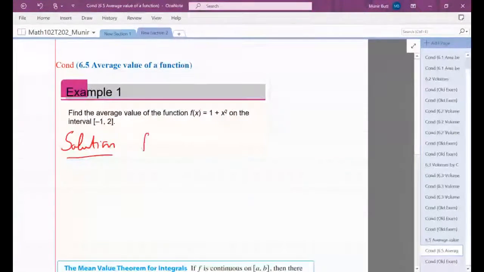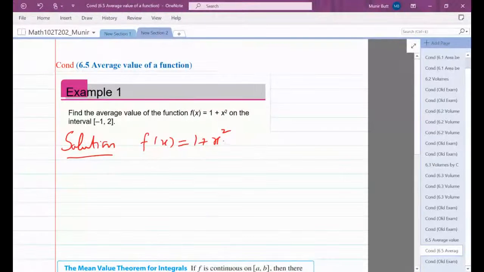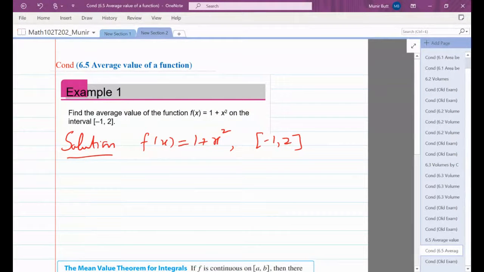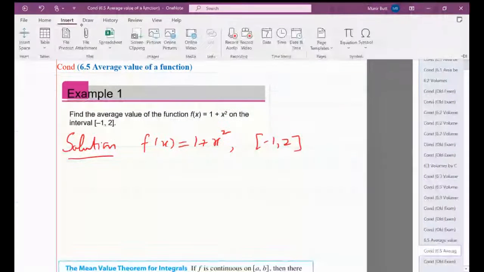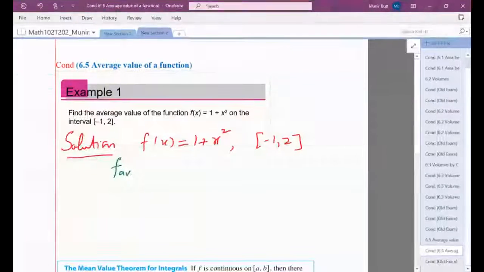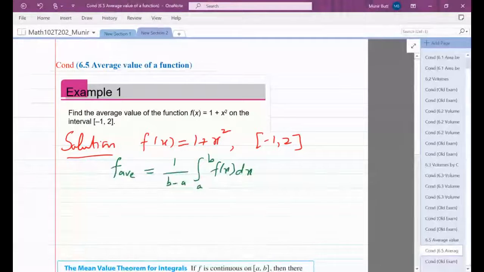So for the solution, we are given f of x equals 1 plus x squared, and the interval -1 to 2. We know that the average value of the function, which we denote f ave, according to the formula is 1 over b minus a times the integral from a to b of f of x dx.